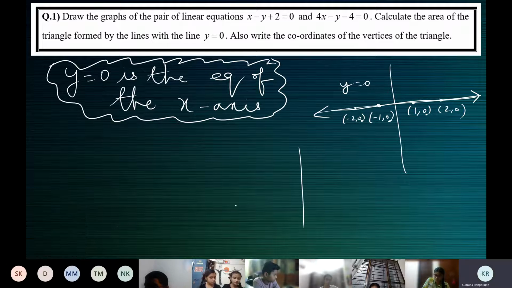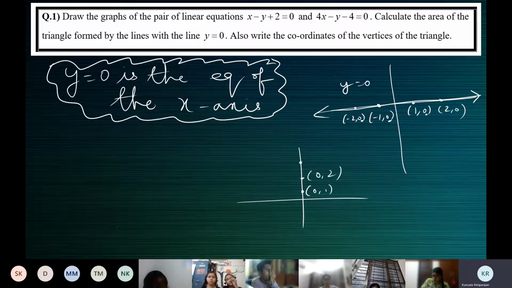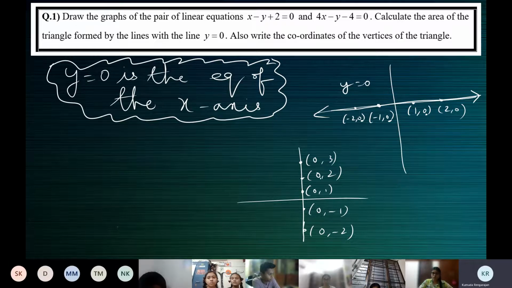All right. Now, when you take any point on the y-axis, 0, 1, 0, 2, 0, 3, 0, -1, 0, -2, if you see every point, the x coordinate of every point on the y-axis is 0.